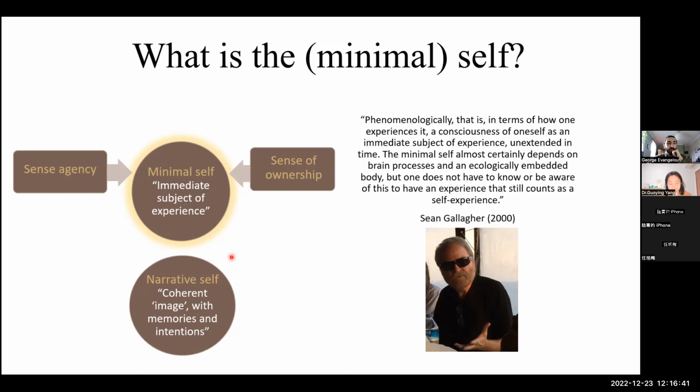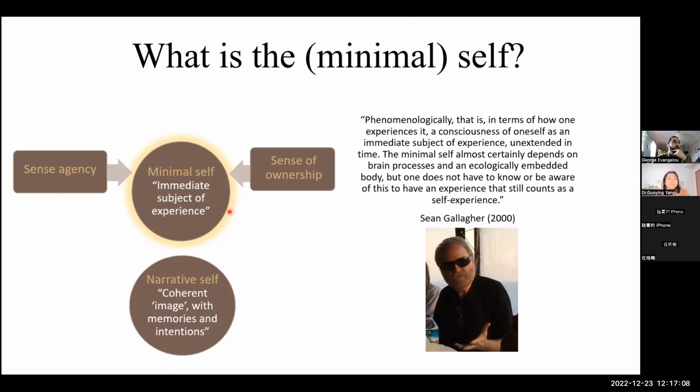As we can see here, something that they might call the narrative self is this kind of coherent image that we build up over time with memories of our past selves and our intentions about the future. And that might talk more to that kind of inner character as well. But something more immediate than this is us just as this subjective experience that we might call the minimal self. And this can be pre-reflective as well.